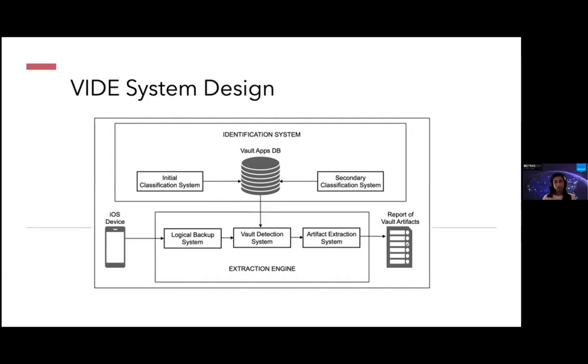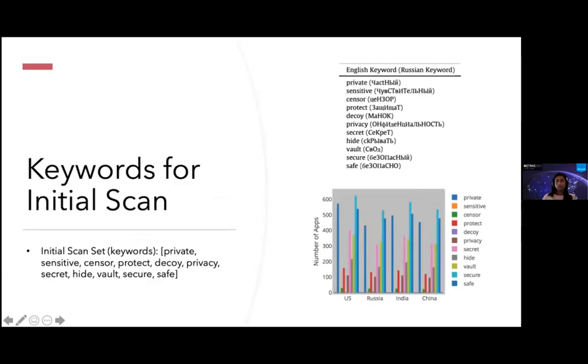All right, I'm moving on to how this identification system has been built. We used basic keywords for scanning the App Store, and some of those keywords are listed here. This is called the initial scan. For the initial scan, we have private, sensitive, censor, protect, decoy, privacy, secret, hide, vault, secure, and safe.